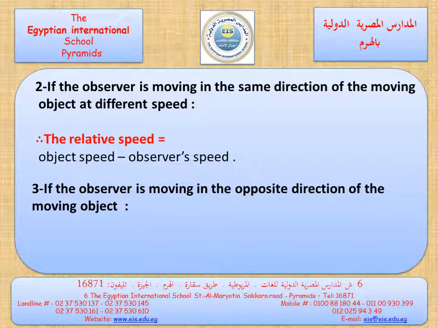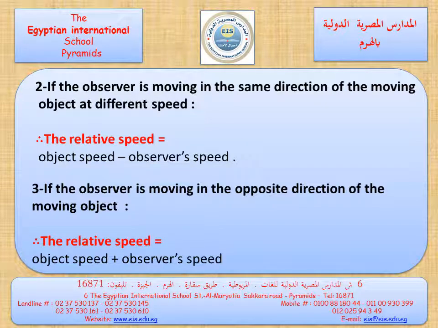But if the observer is moving in the opposite direction of the moving object with different speed, we can calculate the relative speed by making the object's speed plus the observer's speed.